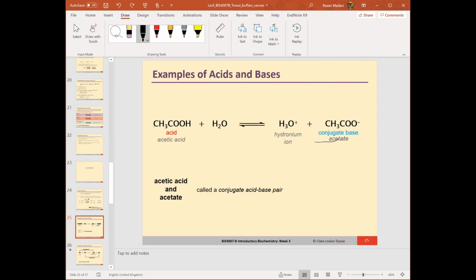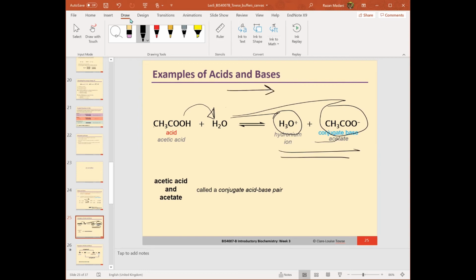It's donating it to this one. So once it donated, it gave us this product plus that one. These are just the products here. We're only going to talk this way now. So this one donated.